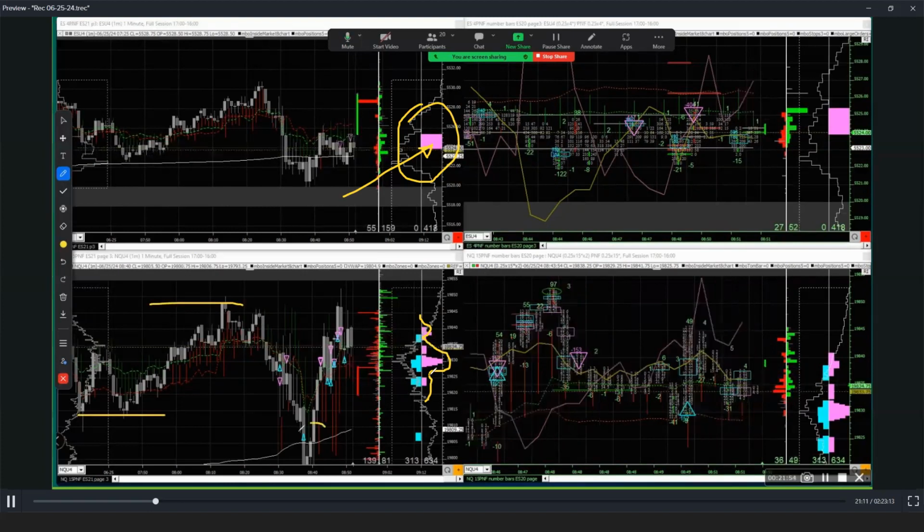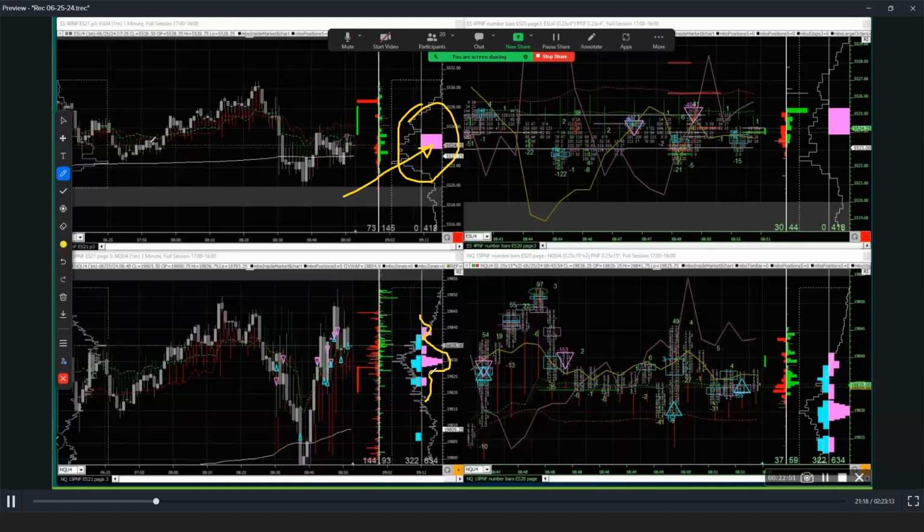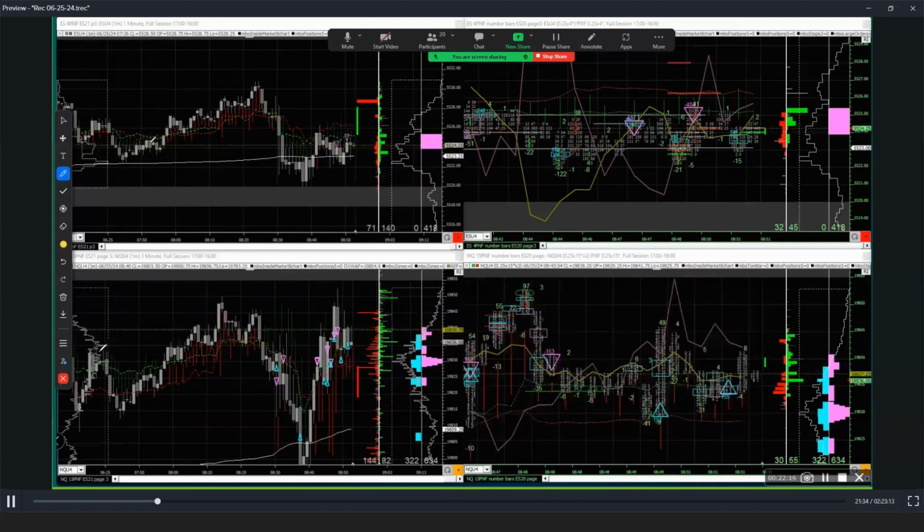Again, this is not something that people who have a DOM would see with orders that have been sitting there for many hours or minutes, because it's all in real time, the ones that are popping in and out when price is getting closer. If you think about it this way, price is moving around. Therefore, what's always changing is what prices are becoming more and less important.